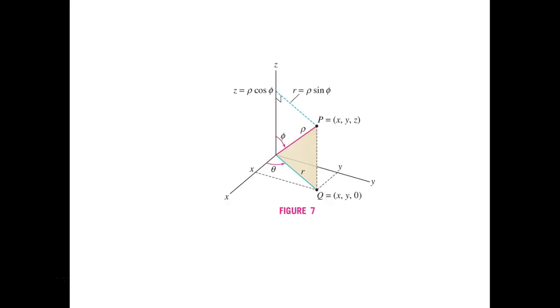Well, your rho is going to be the square root of x squared plus y squared plus z squared. That's going to be that distance there, the radius. So it's similar but not quite the same as your polar coordinate or cylindrical coordinate. This doesn't have an analogy back to two space. This is strictly a three space thing.